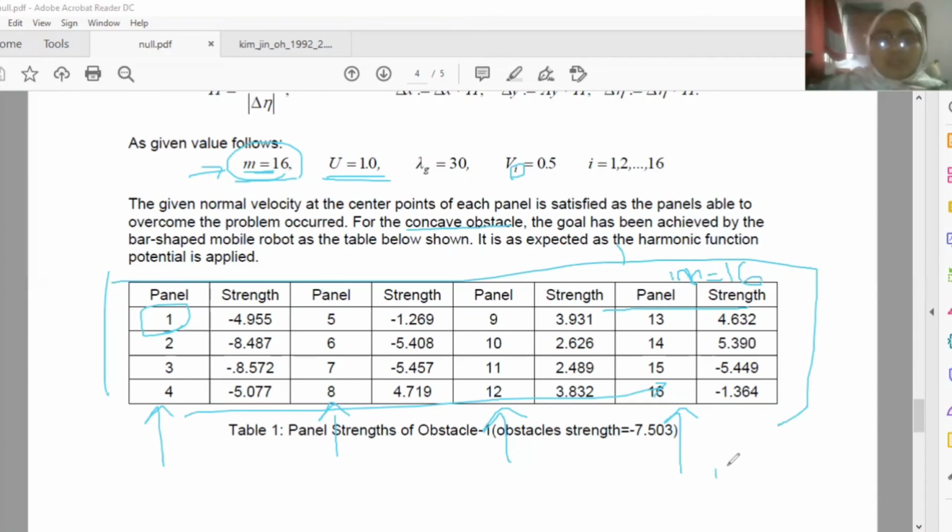When M equals 16, the strength equals negative 1.364. Okay, this is the table for the panels and the strength of the mobile robot. Those are the examples of harmonic functions. That's all from me. Thank you.